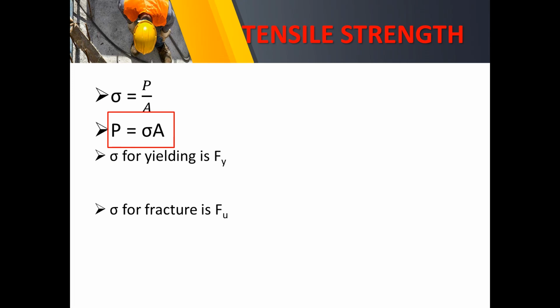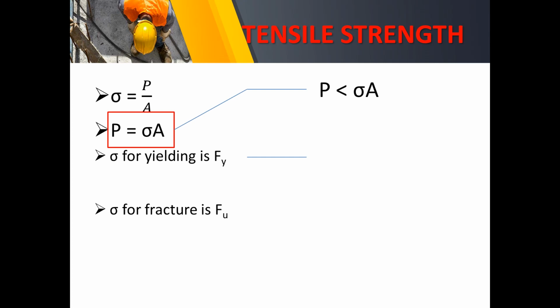If we utilize this formula, sigma times A, we will have that P, or that loading, should always be less than the product of its strength times the cross-sectional area.